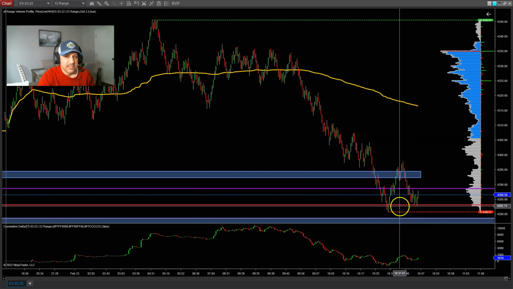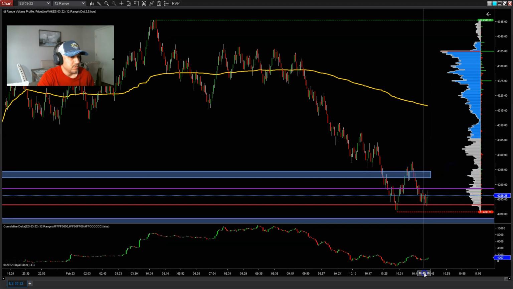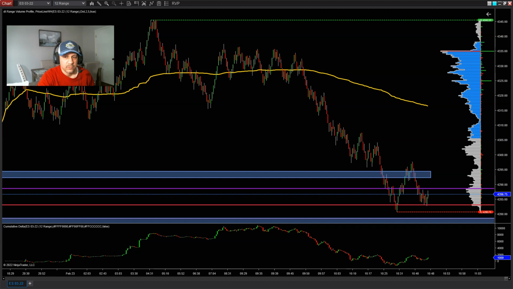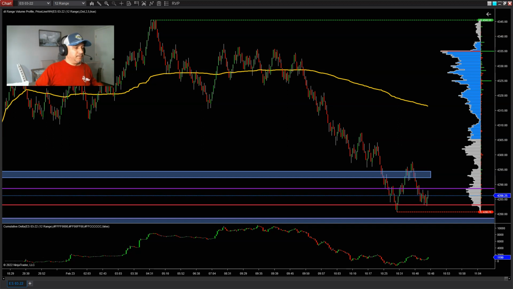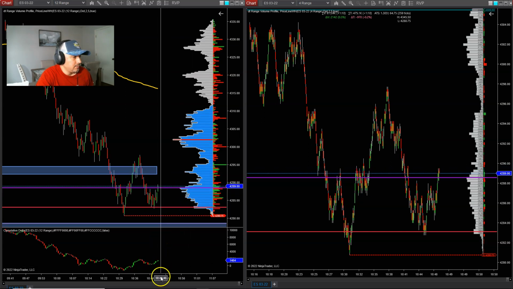When it came down here, it tapped back into that area of demand off the 1 hour chart, and that's what it's doing. Okay, we got volume sitting right here. Okay.